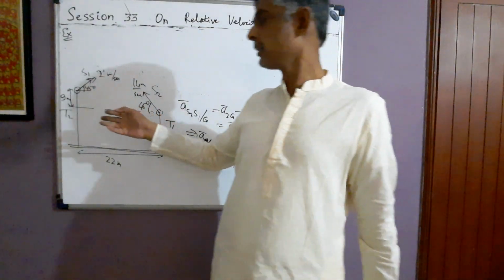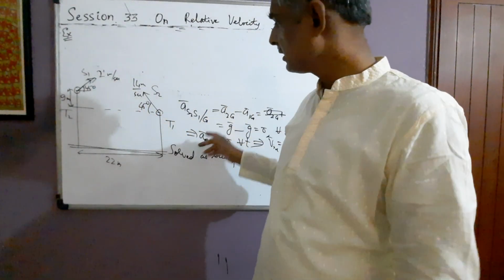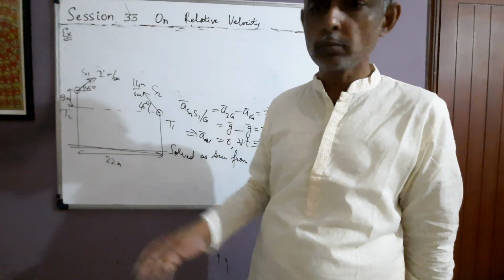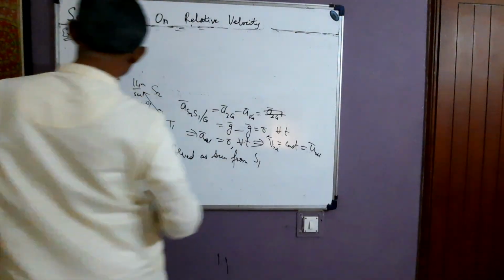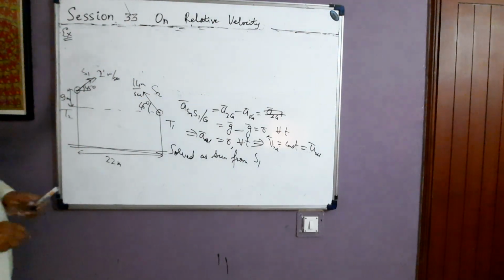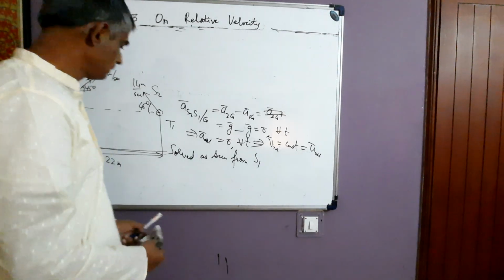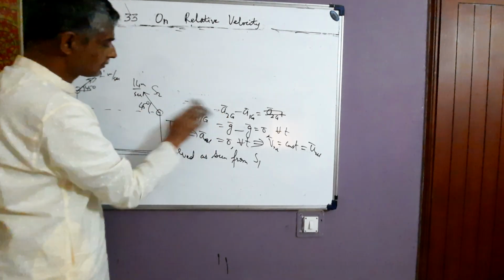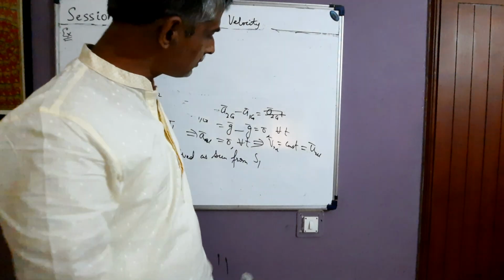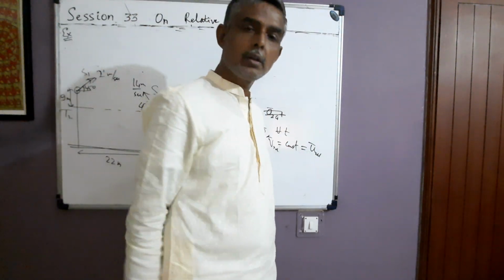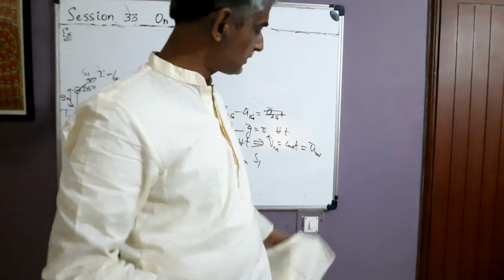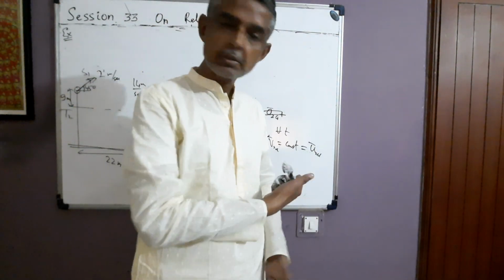One is by resolving the relative velocity in two components, or by direct without resolution. Both ways we can solve. So this I made it clear that as seen from S1, S2 will be moving along a straight path at a constant speed, and that is same as relative velocity at time 0, because relative velocity is constant.